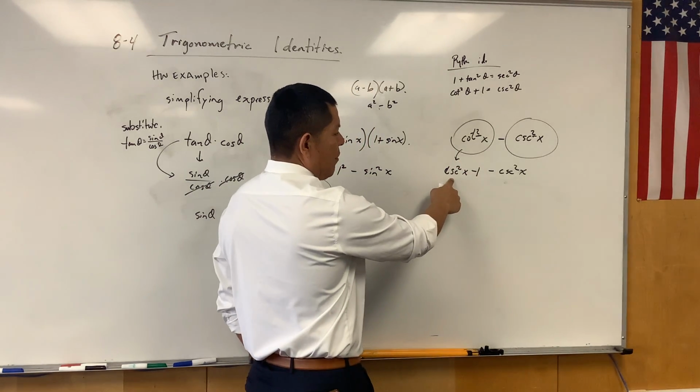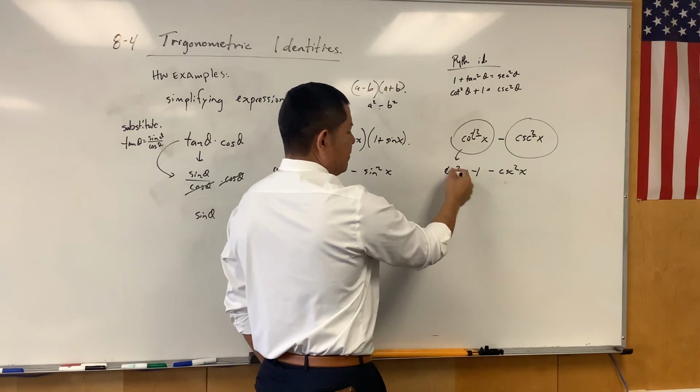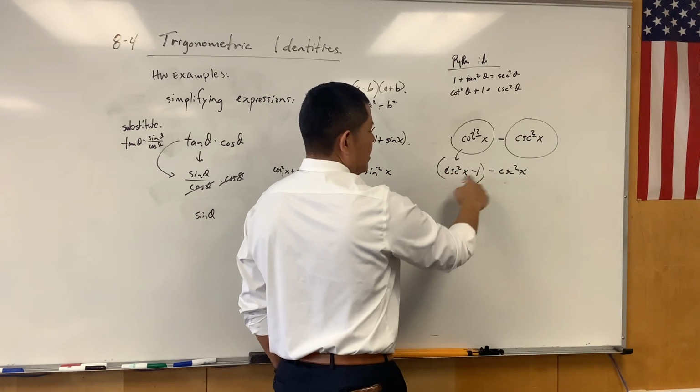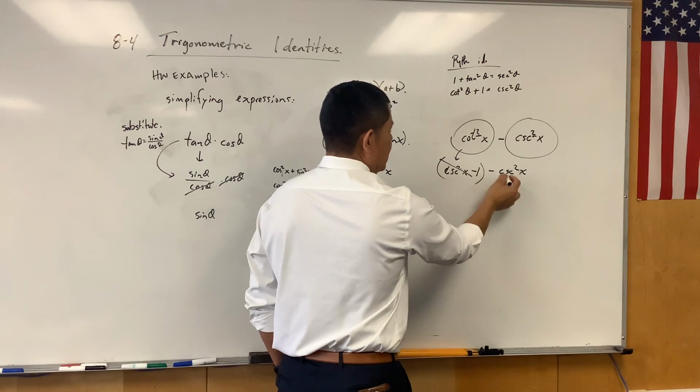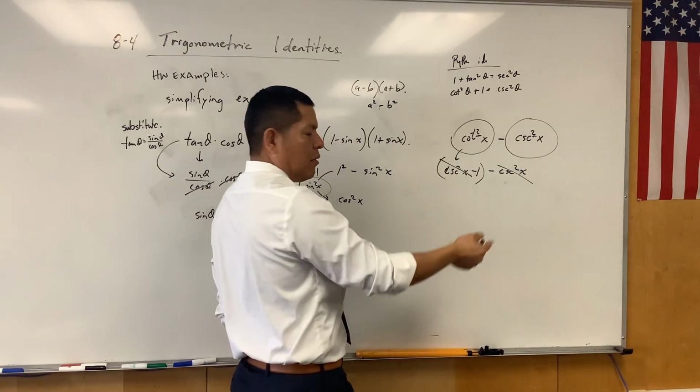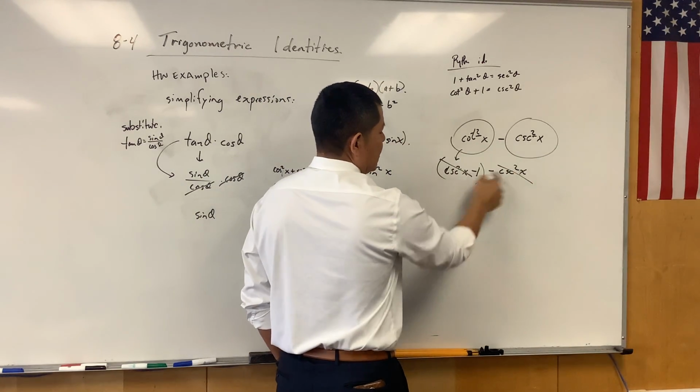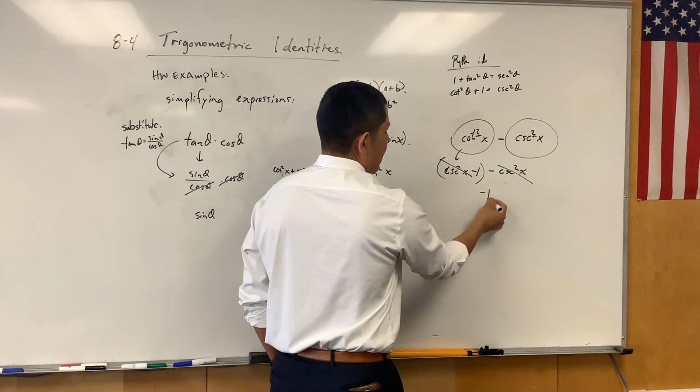And then what ends up happening is the cosecant, you take away the cosecant, so this one and this one end up canceling, and then you just get -1.